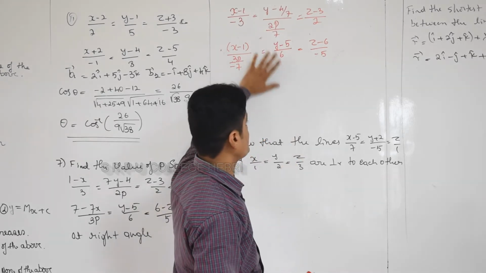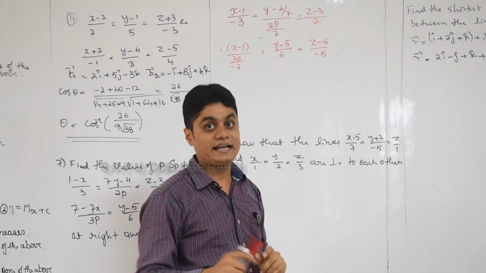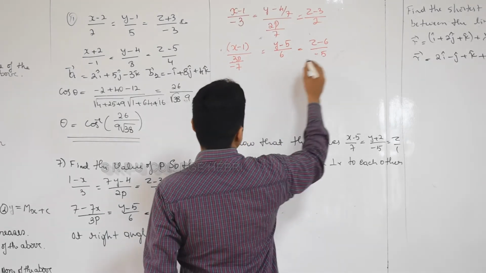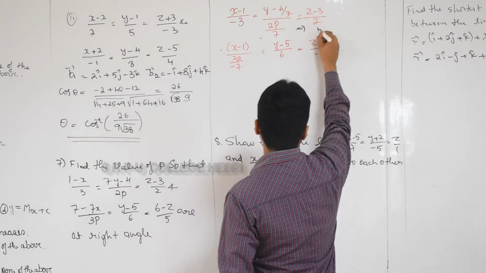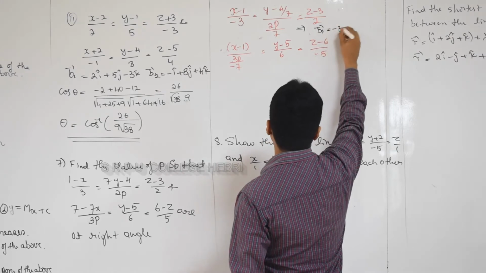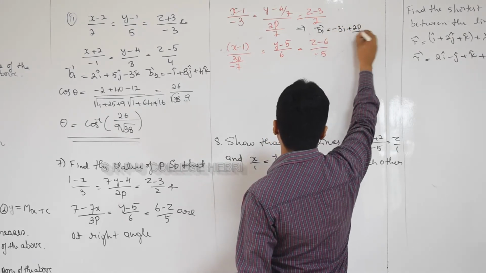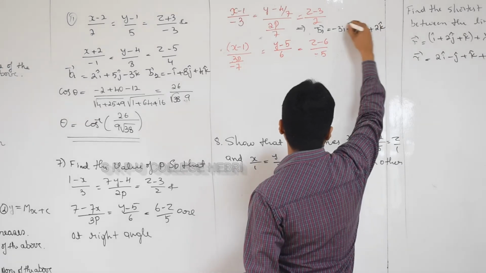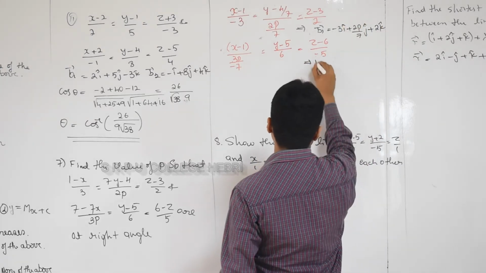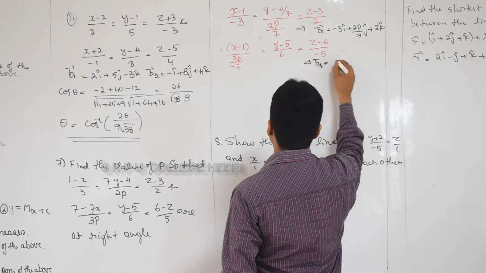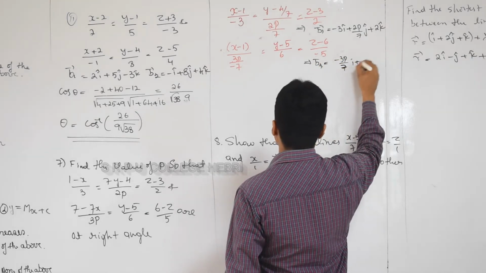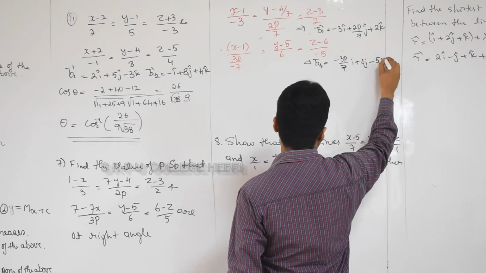Now use the condition that the angle between these two lines is 90 degrees. You don't need cos theta, you just find the dot product. So what is vector b1? b1 will be minus 3i plus 2p by 7 into j plus 2k. What is vector b2? b2 will be equal to minus 3p by 7 into i plus 6j plus minus 5k.